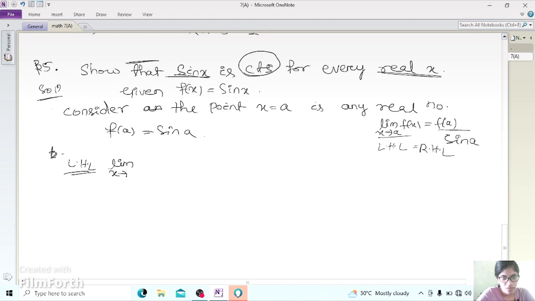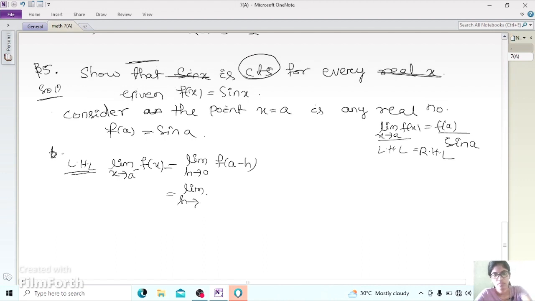Limit x tends to a minus f of x is equal to limit h tends to 0 f of a minus h, which equals limit h tends to 0 sin of a minus h, which equals sin a minus 0, which equals sin a.